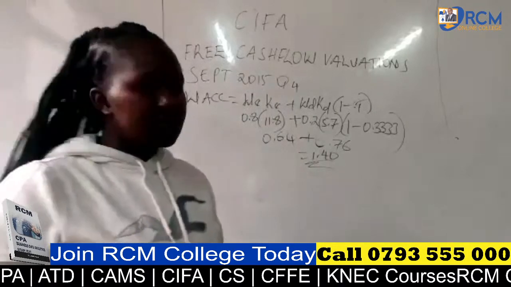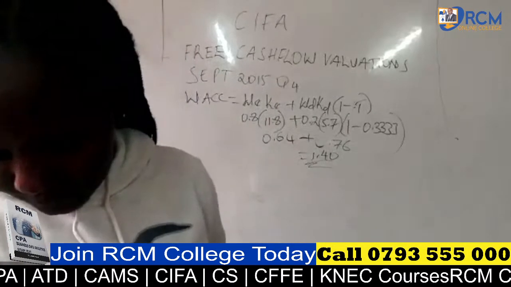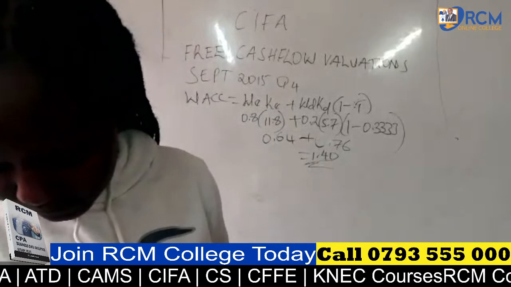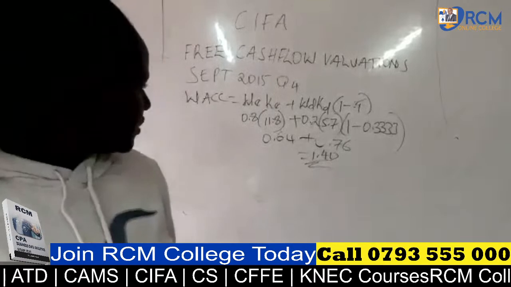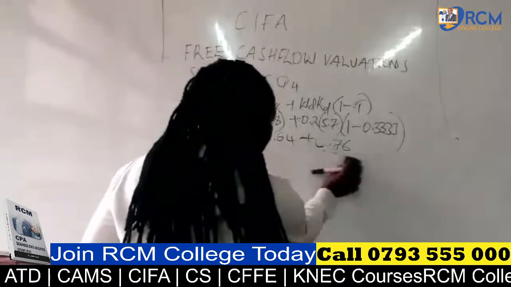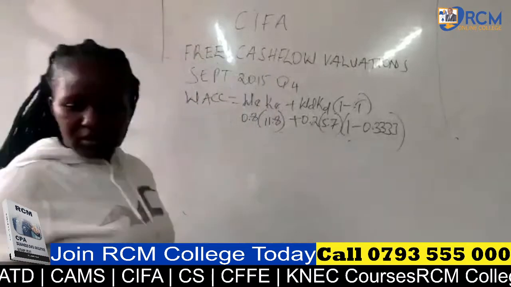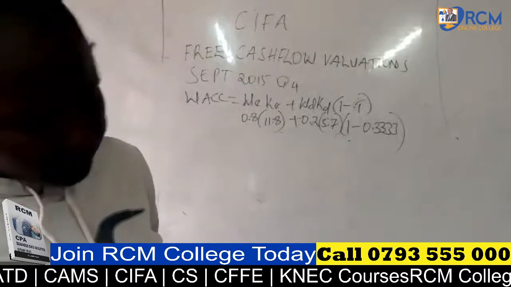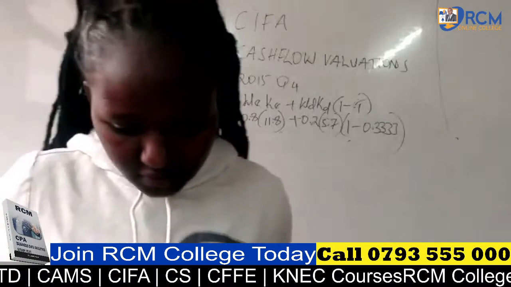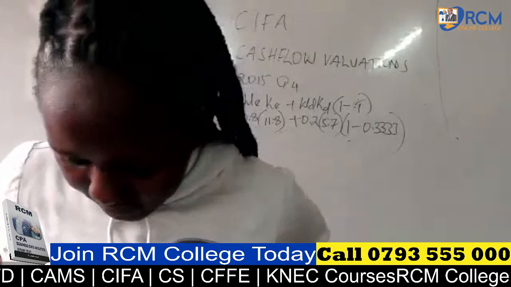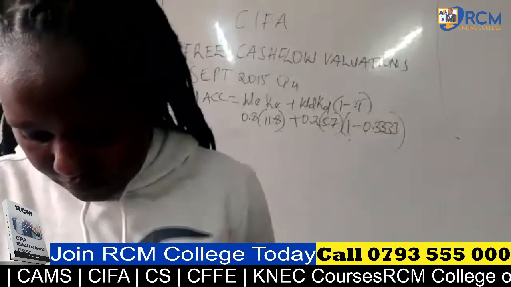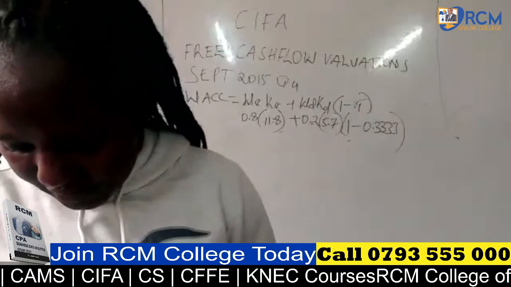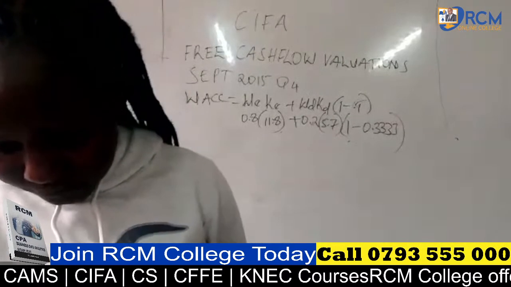So, 11.8 plus 0.2 times 5.7. I think there is something wrong here. 0.67. How much are you putting? The tax rate is 33.33, so we are taking 1 minus 0.333, which is 0.67.